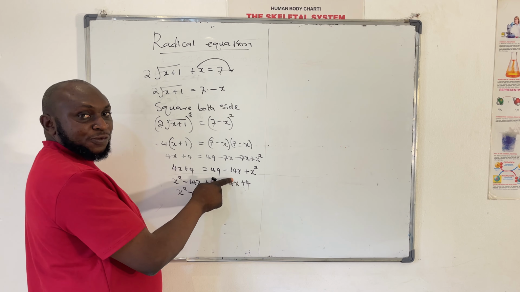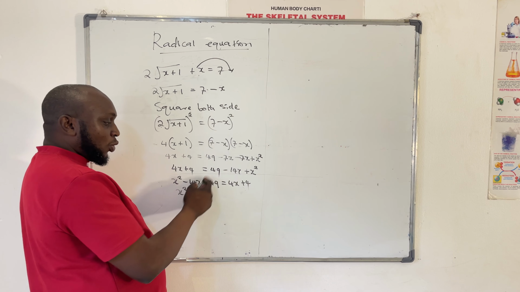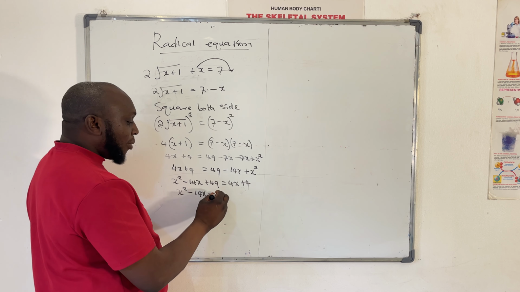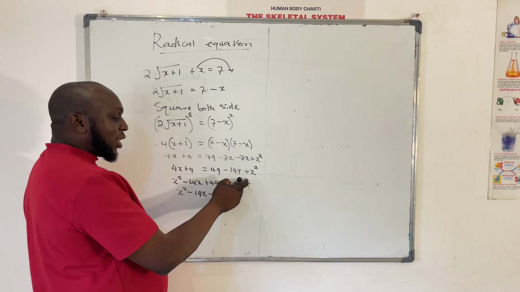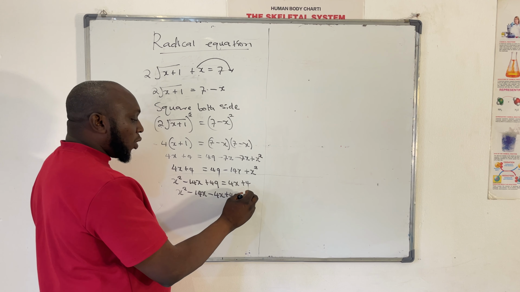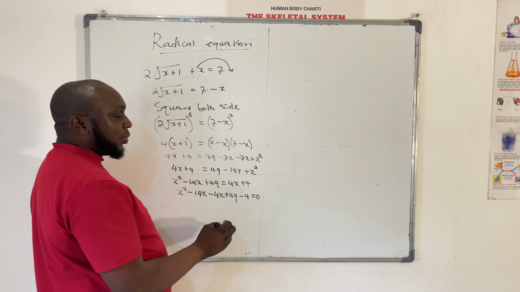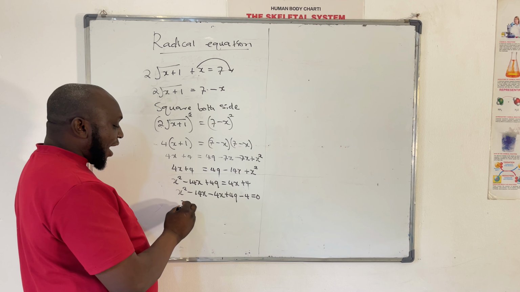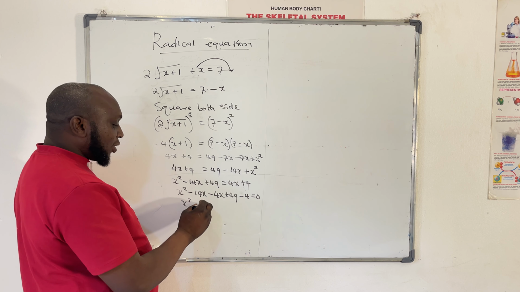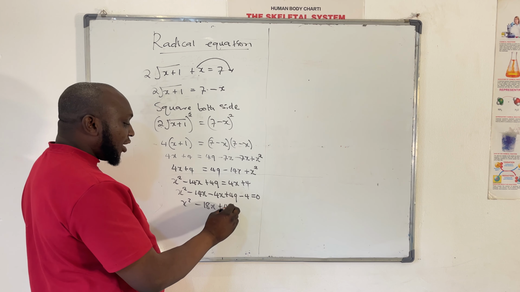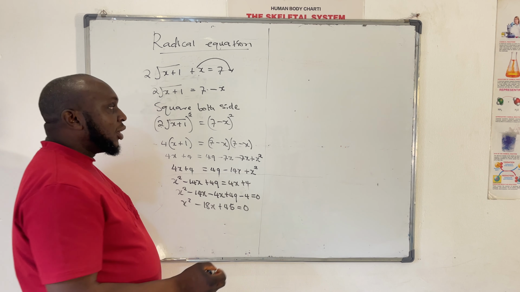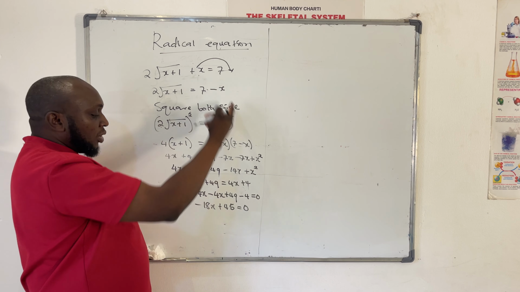Move this plus 4s to the other side, it becomes minus 4s plus 49. This 4 to the other side becomes minus 4, which is equal to 0. At the end, you have s squared minus 18s plus 45 is equal to 0.